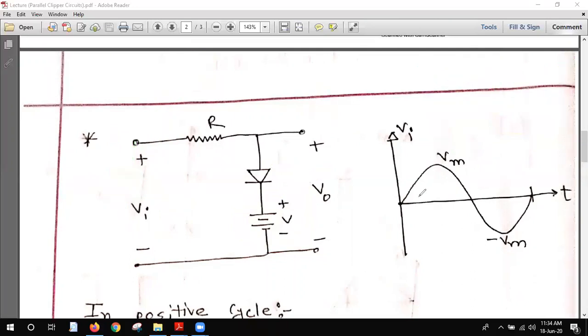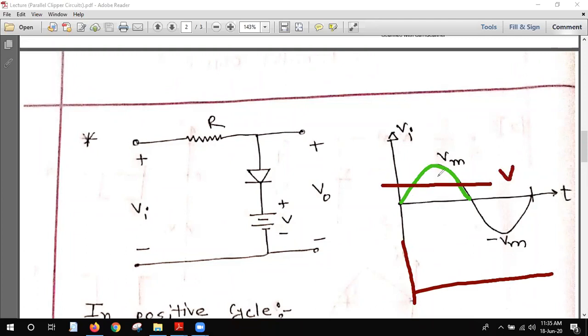Okay, so let me clear everything. This is the input. So what will be the output? Let's check. If I extend this line here, suppose this is the V line.